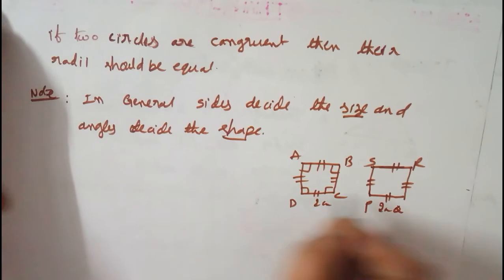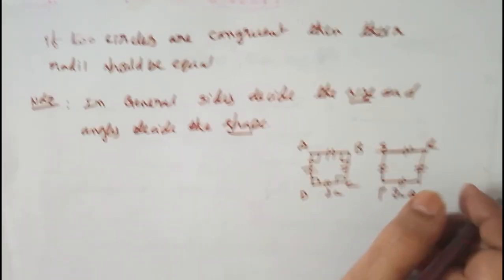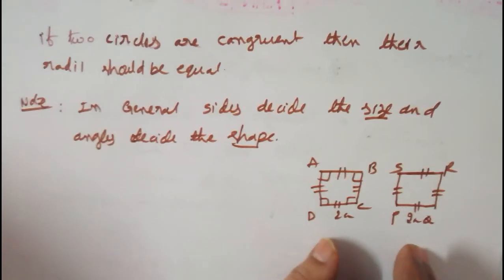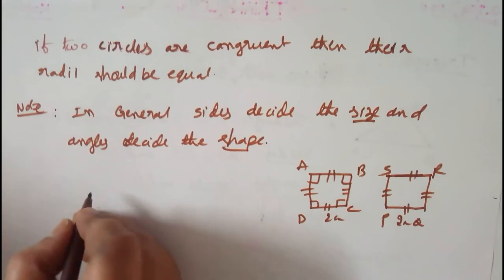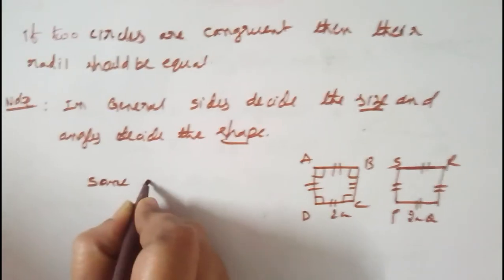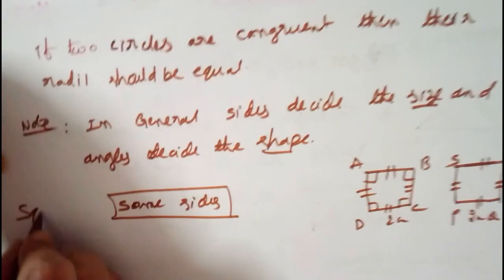Square ABCD is congruent to square PQRS. So two squares are said to be congruent if they have the same sides.